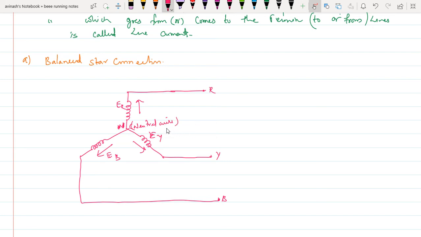This is the connection diagram of the three-phase star connection.